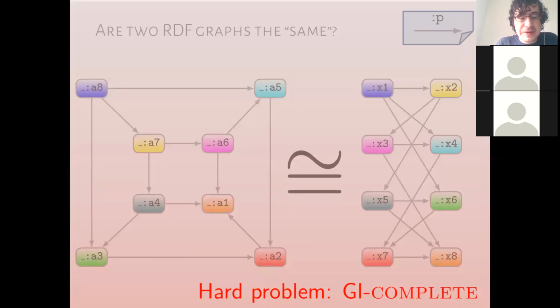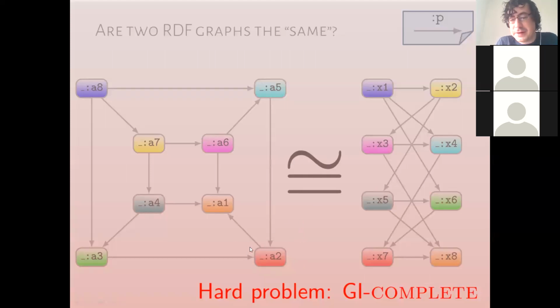And graph isomorphism is in NP, but it's not known to be in P, nor is it known to be NP-complete. So it's somehow between P and NP. It's not known to be as hard as the NP-complete problems, nor is it known to be in P. So it's a difficult problem that's not quite as difficult as NP-complete, or probably not as difficult.